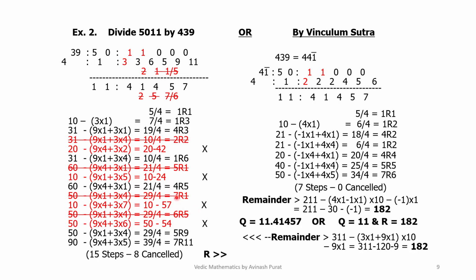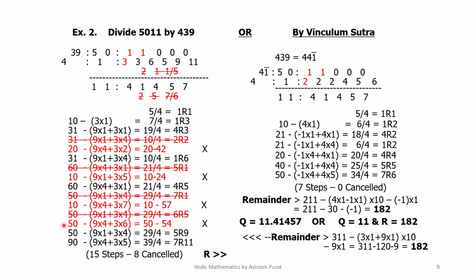Hence we cannot take 7 as quotient. We go back to 50. 50 minus 9 into 1 and 3 into 4 equal to 9 plus 21. So 50 minus 21 is 29 by 4. We can take 6 as quotient and 5 as remainder.